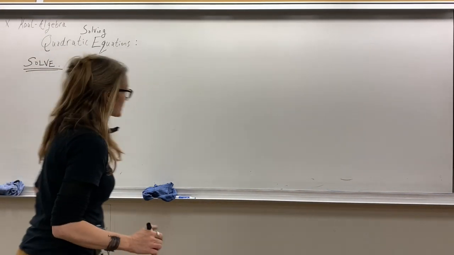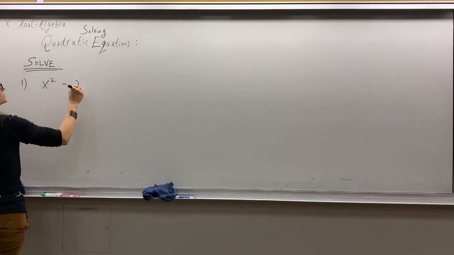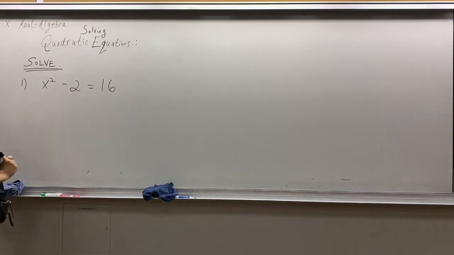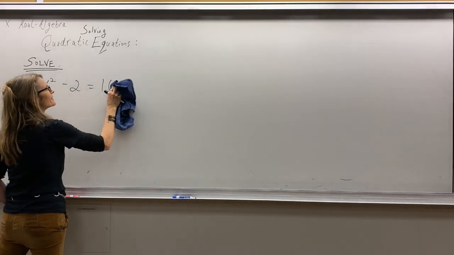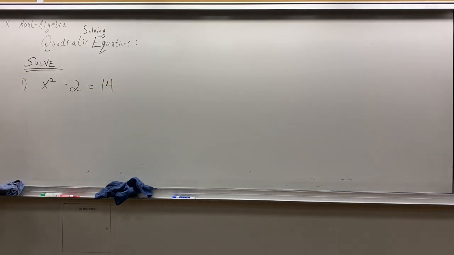So in this case, let's go ahead and start with just something very simple. Let's say we have x squared minus 2 equals 16. I'm going to change this. Let me make this into a 14 for now. So if I have x squared minus 2 equals 14, does it follow the format?